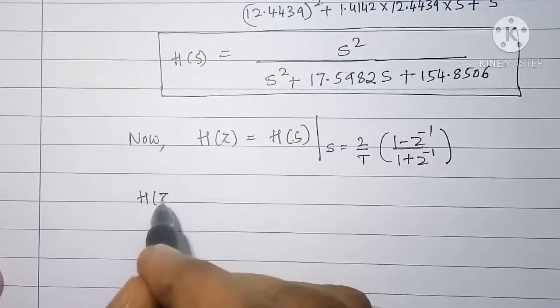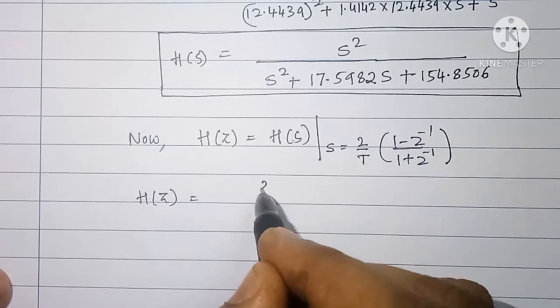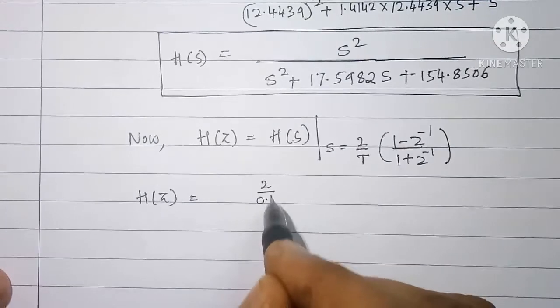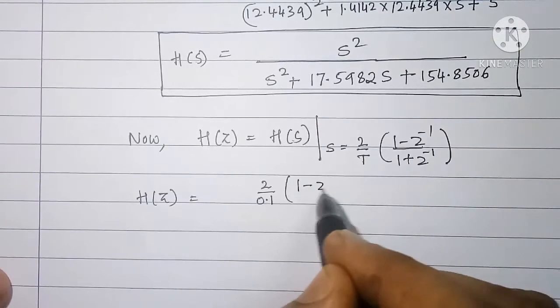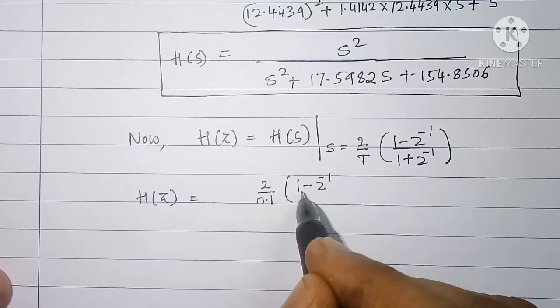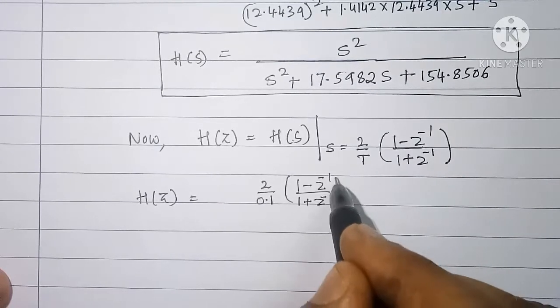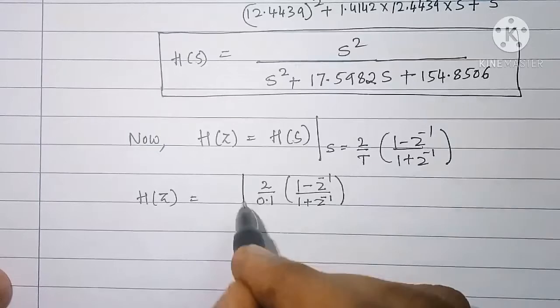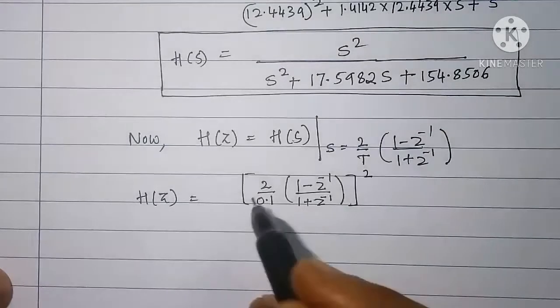So H(z) is equal to 2 by 0.1 into (1 minus z raised to minus 1 upon 1 plus z raised to minus 1) whole square.